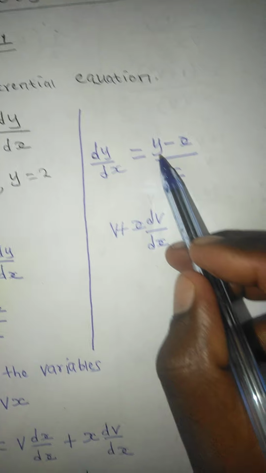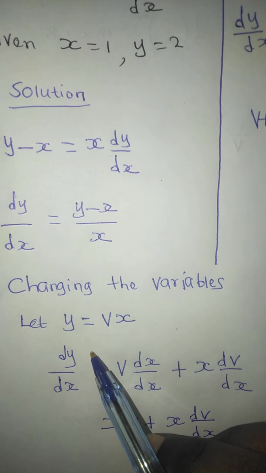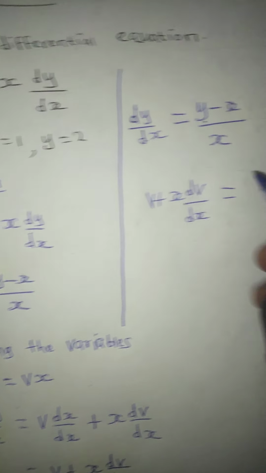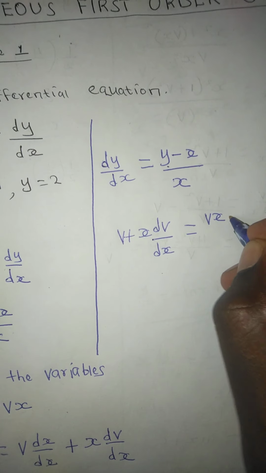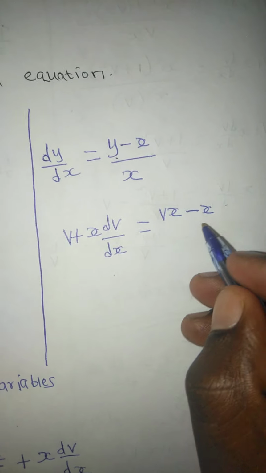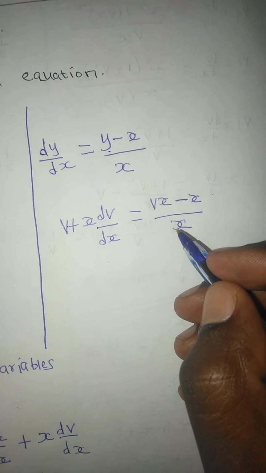whereby we have y, we said that let y be this one. So whereby we have y, we replace it with vx, all over x.